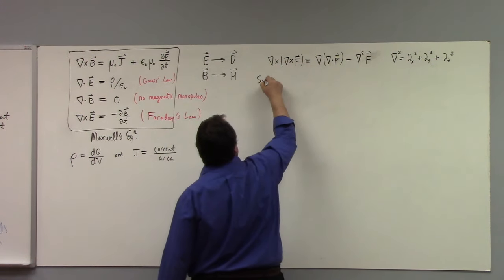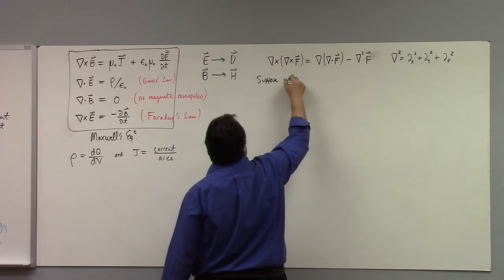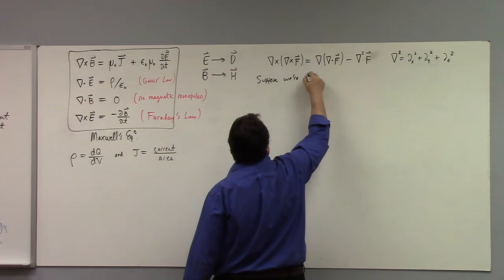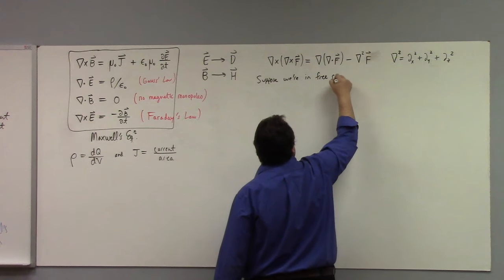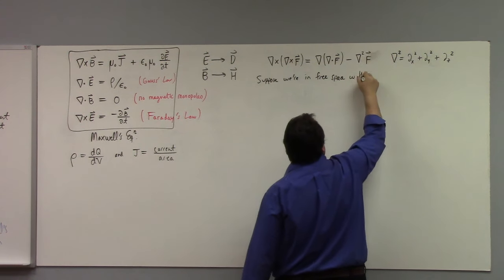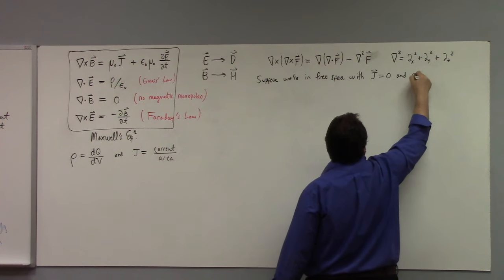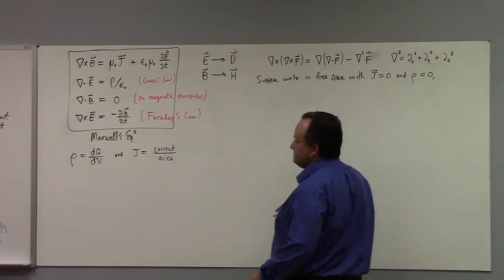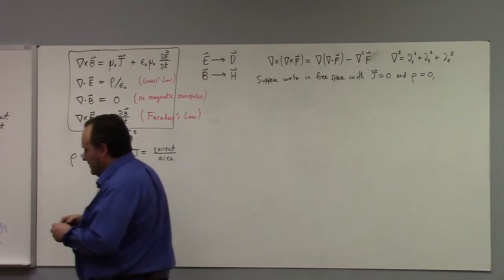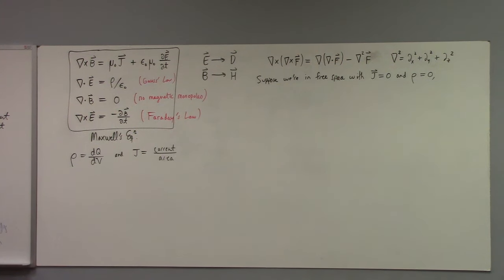Suppose we're in free space with the current equal to 0 and the charge density equal to 0. In that context, what happens?